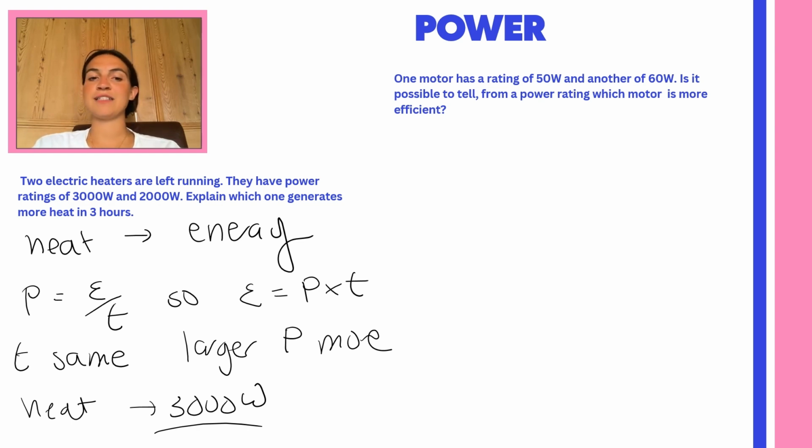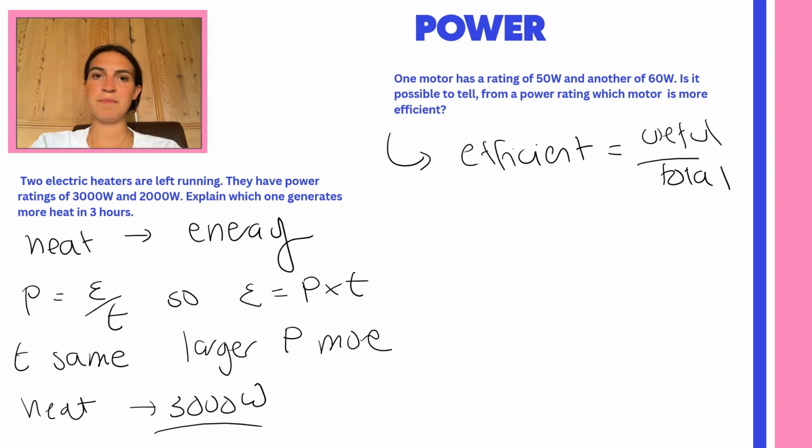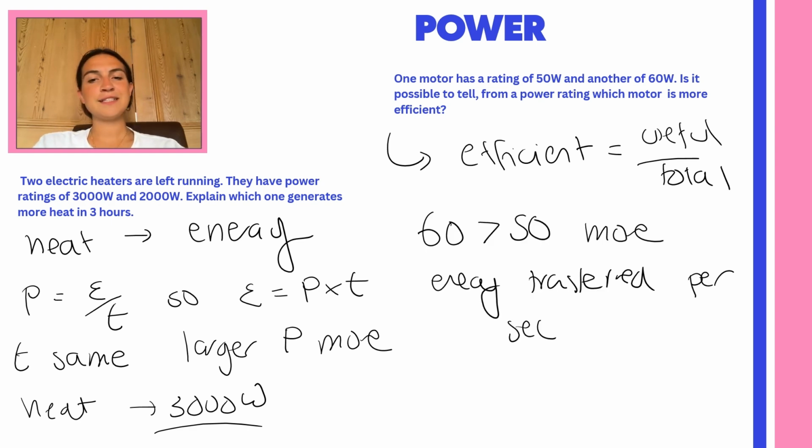Okay, one motor has a rating of 50 watts and another 60. Is it possible to tell from a power rating which motor is more efficient? What do we mean by efficient? First, from previous work, we might know that efficient means useful power over total power. 60 watts rather than 50 watts tells me that that 60 watt motor transfers more energy per second.